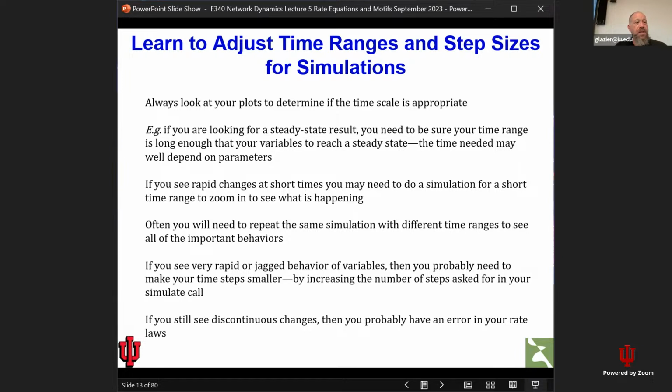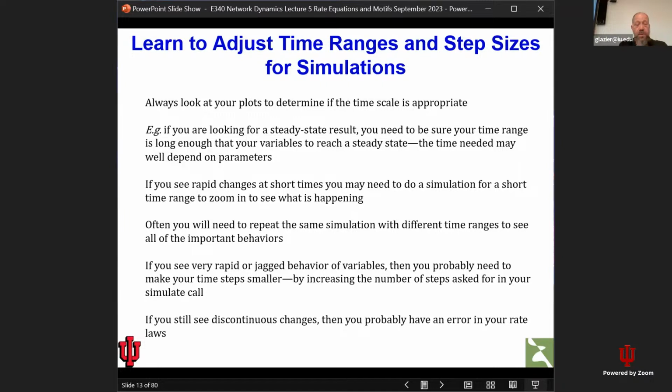We have simulate 0 to 5, and we haven't talked about that number, which is 1,000. But that number of 1,000 is saying divide the interval between 0 to 5 into 1,000 substeps. And so you may want to adjust that so things are pretty smooth. If things are changing fast, you'll need more steps. If things are changing slower, you can get away with fewer steps.